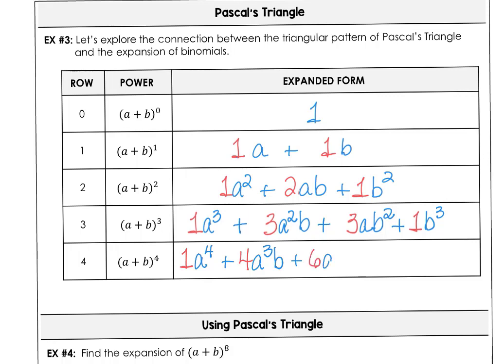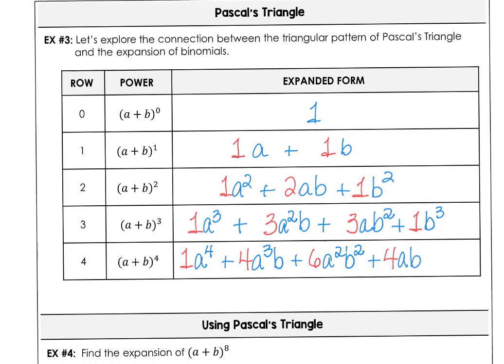The power on a is descending, and the power on b is ascending. And then next we have another 4. So 1, 4, 6, 4. And the power on a would be, whoops, we got a mistake here. A to the 4, 3, this was 2. A to the 4, 3, 2. This is power 1.